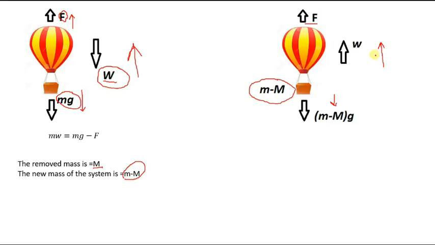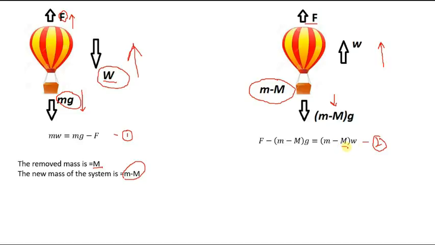So let us write the equation of motion of the system. That will be F minus (m minus capital M) times g equals (m minus capital M) times w. So now we have got two equations here. Let's call this equation 2, and the earlier one equation number 1. We will be solving these two equations in order to find the value of M.